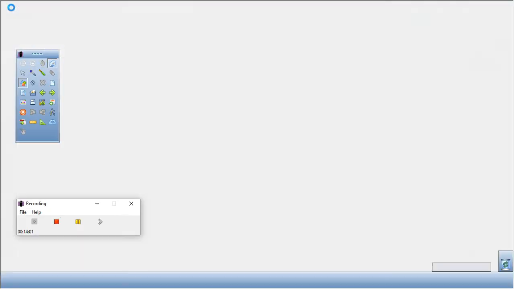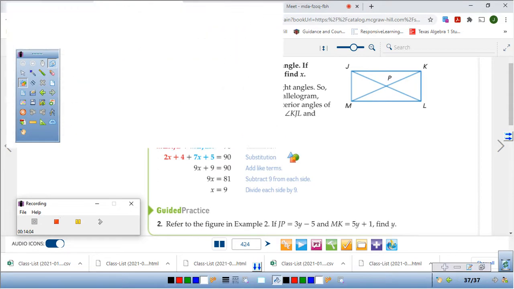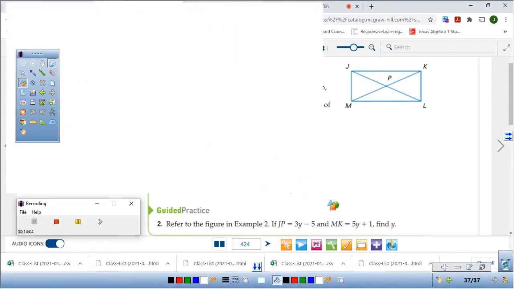So I'll give you a minute to copy it down, and we'll do the work right here. Here's the figure that we want to refer to, and then these are measurements, JP, MK. Okay, let's look at this one real quick.